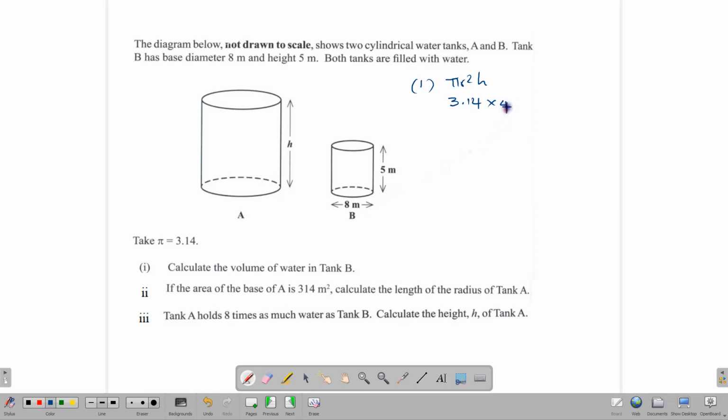So times 4 squared, times the height, which is 5. 4 squared is 16, and 5 times 16 is 80. So that gives us 80 pi, which is 80 times 3.14. When you punch that into your calculator, that gives us a volume of 251.2 cubic meters. So that's the volume of tank B.